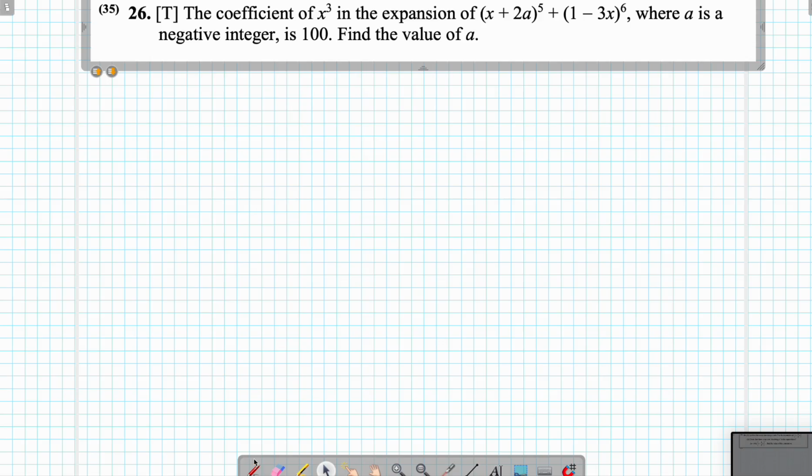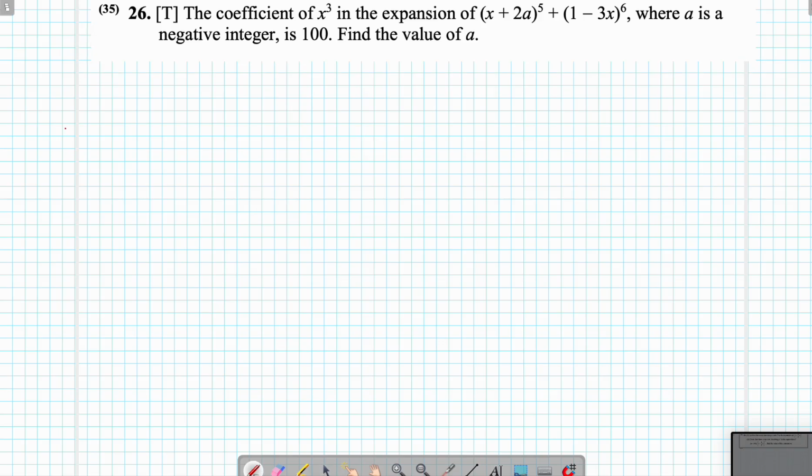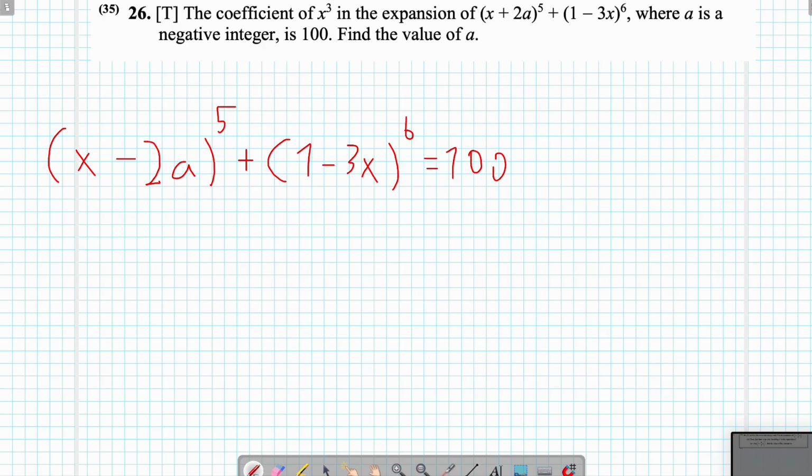So basically what they're saying is, since they said a is a negative integer, we can simply say (x minus 2a) to the 5 plus (1 minus 3x) to the 6, and they want the x cubed term. They said the coefficient of x cubed is 100, and they just want a.